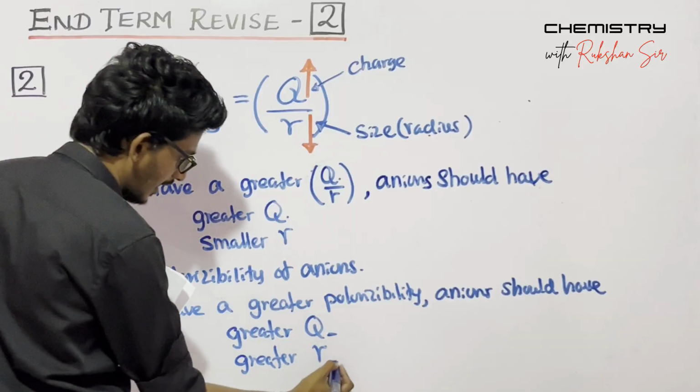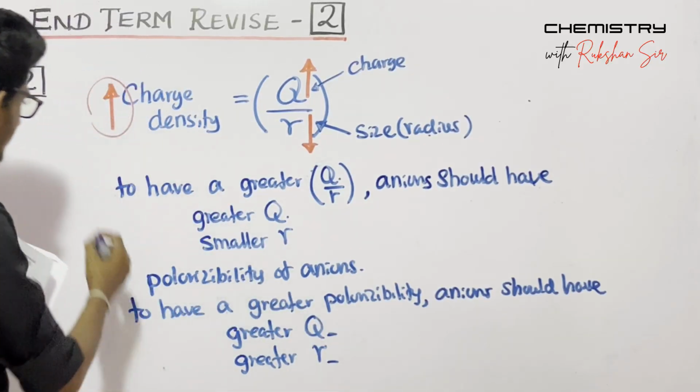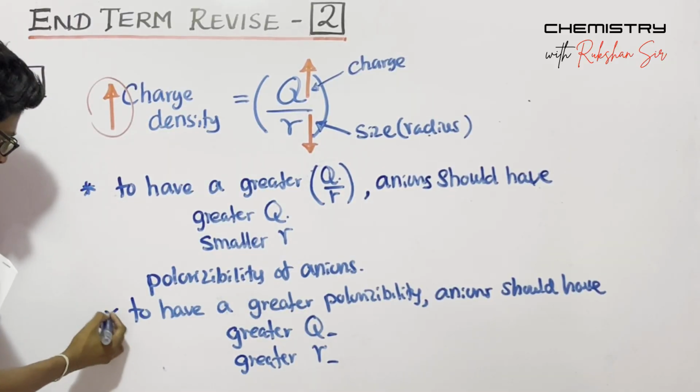The Q minus and the R minus should be large values to have a greater polarizability. So that is the idea.